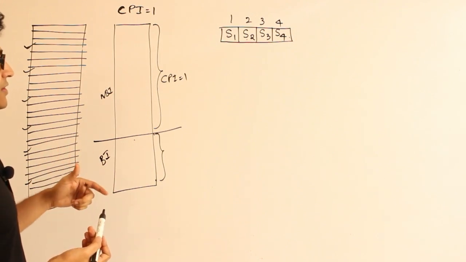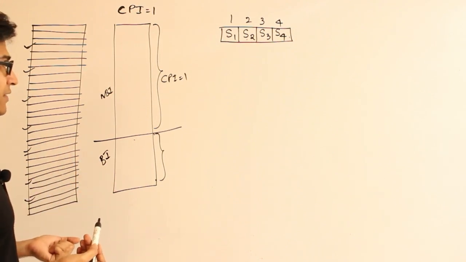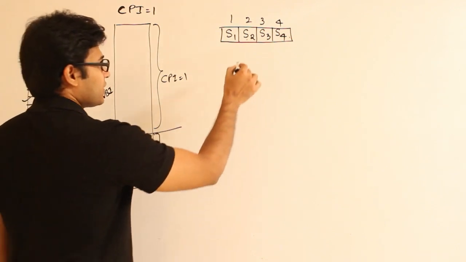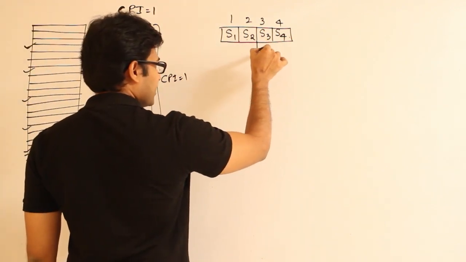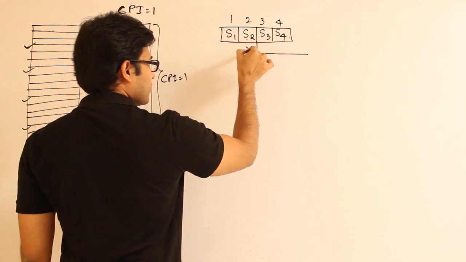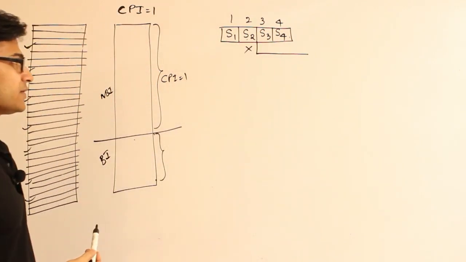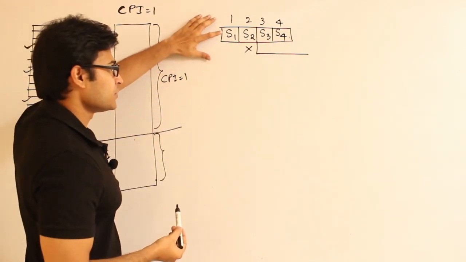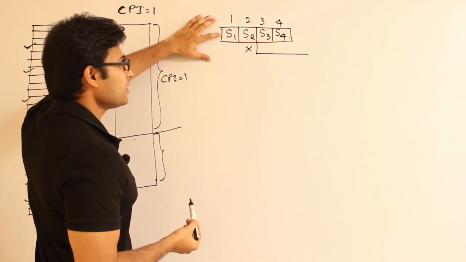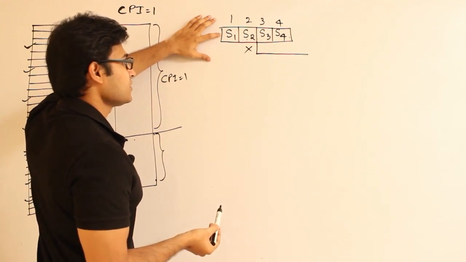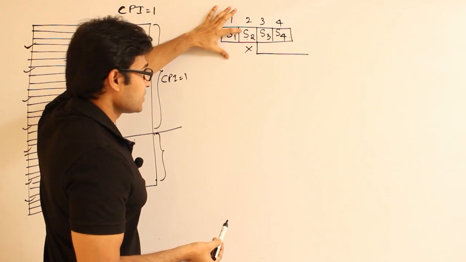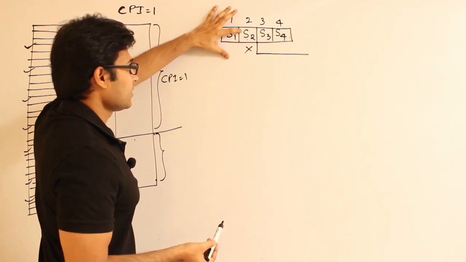If the branch has happened, I know its exact address, and I can start the next instruction exactly at this stage. Therefore only one stall is there. Are you understanding it? This is if I assume that I will know the target address of the branch after stage S2.